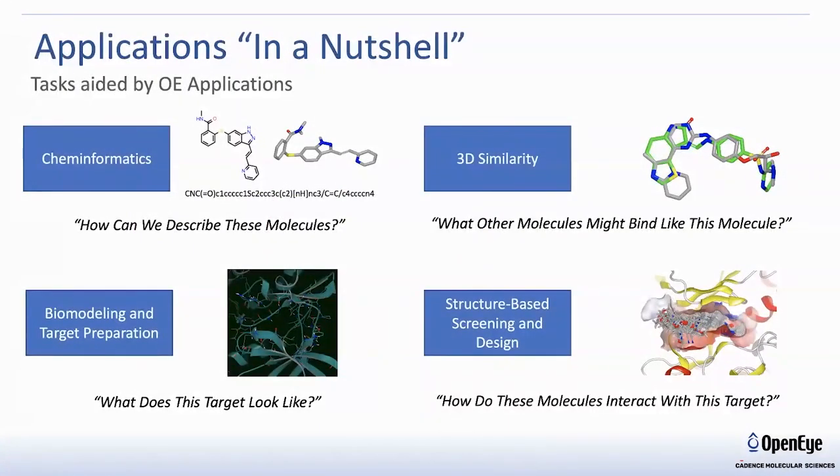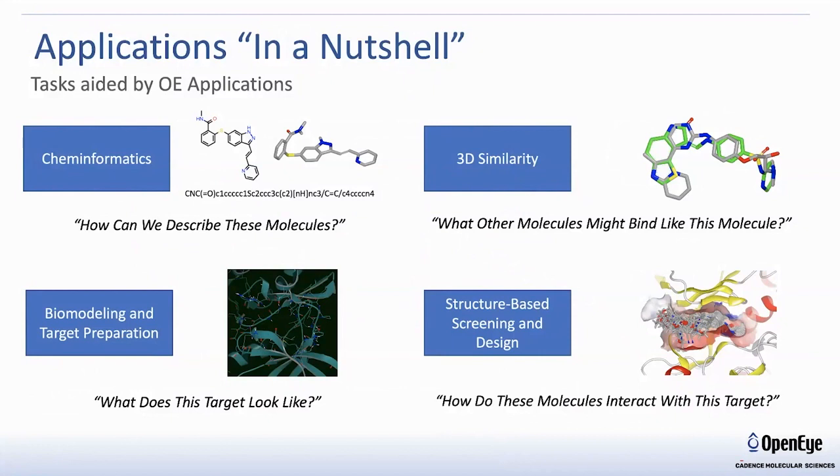In my mind, it is easiest to understand the breadth of our solutions and the many problems that they can solve by looking at our software through the lens of the applications that we offer, which in and of themselves cover a wide range of areas related to molecular modeling and computational chemistry. As such, I've broken this harbor tour of our applications up into 3 different use cases. First, we will discuss the applications that we have available for cheminformatics, in which we are interested in the manner by which we read and write molecules, as well as handle their molecular graphs.